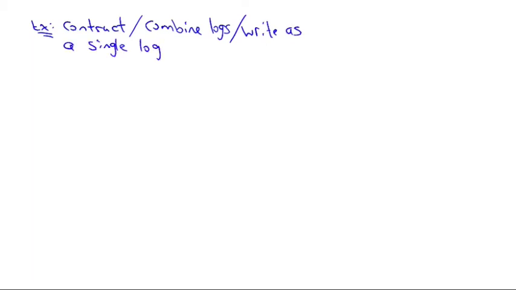I'll give you all the languages that are possible. Each and every one of these is saying to do the same thing. Contract it, which means instead of bringing it apart, you want to shove it all together. Combine your logs, that means if you have lots of logs, you want to write it as a single log. And then sometimes it'll just say literally write as a single log, or logarithm.